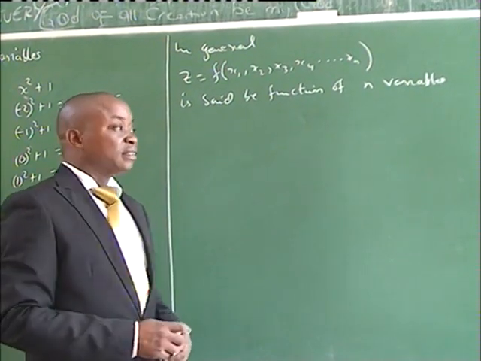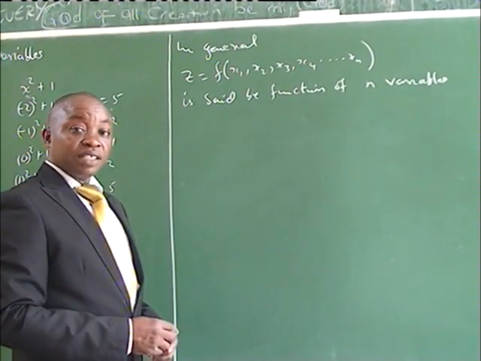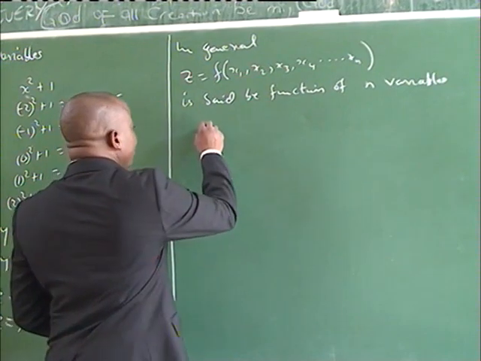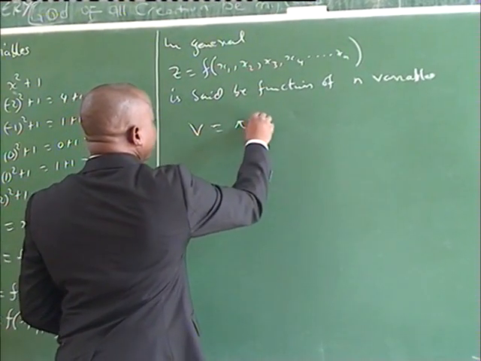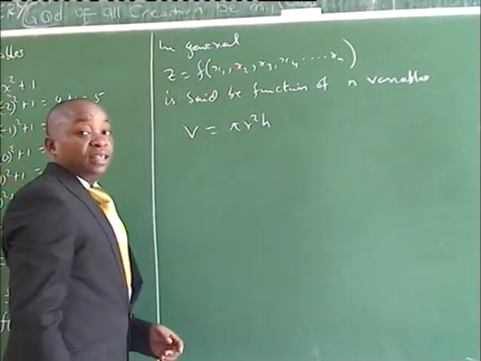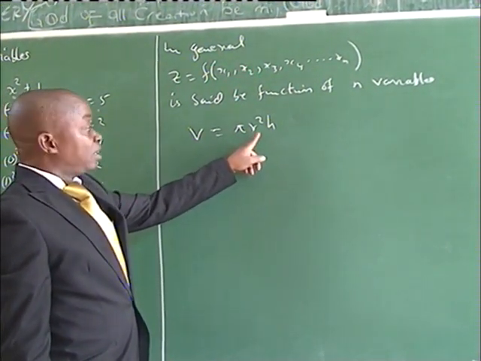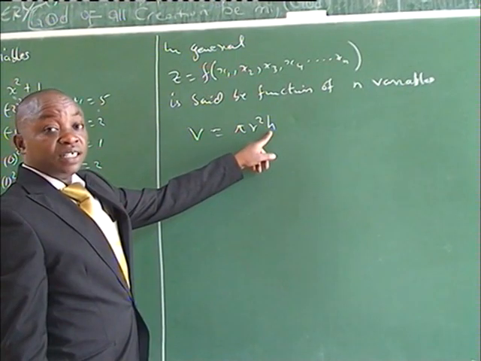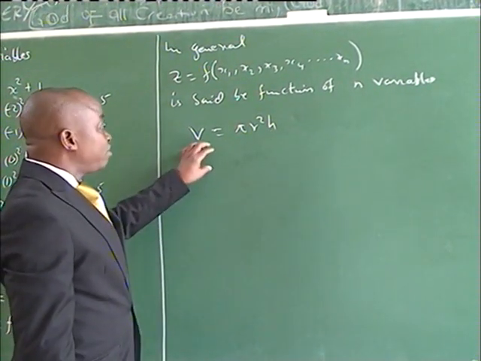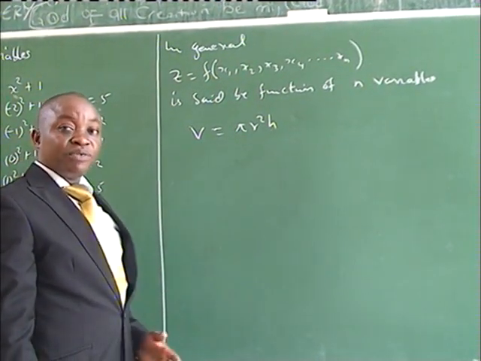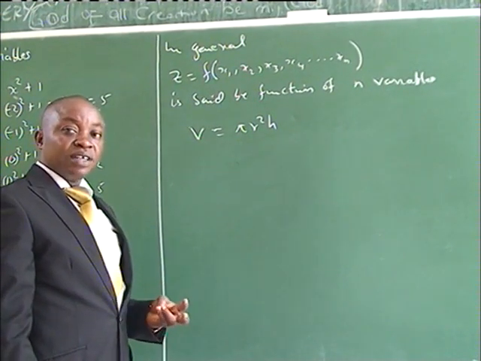For instance, let me give you one. The volume of a cylinder is given by V is equal to pi r squared h, where r is the radius and h is the height. You see that the volume of this cylinder is not a function of one variable. It depends on the radius and the height.